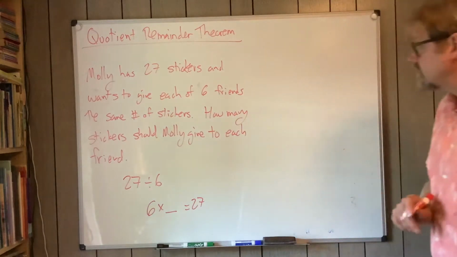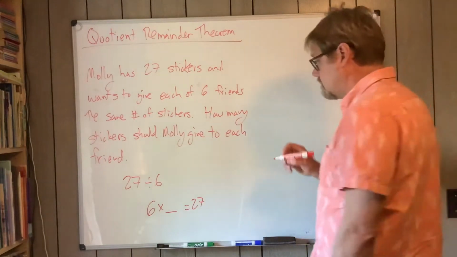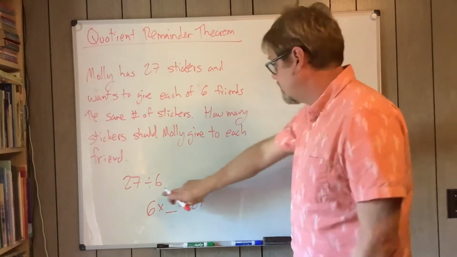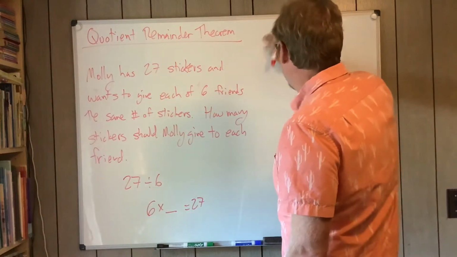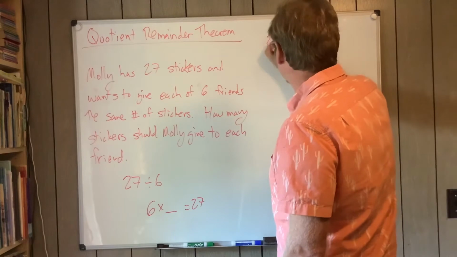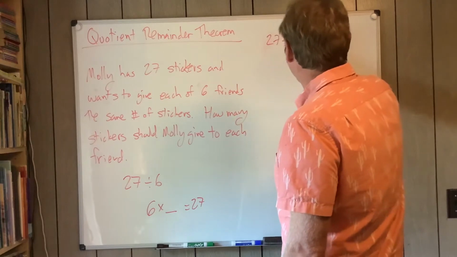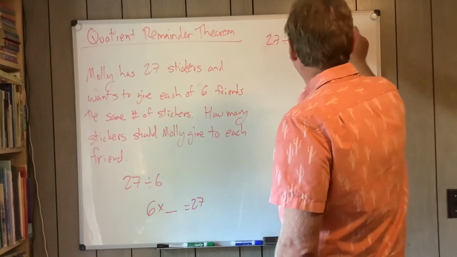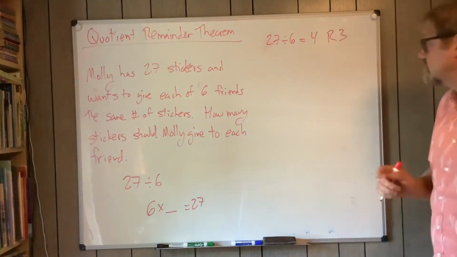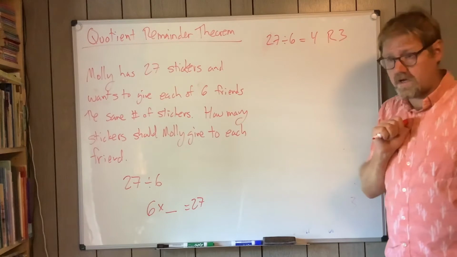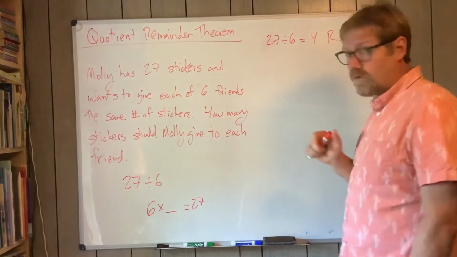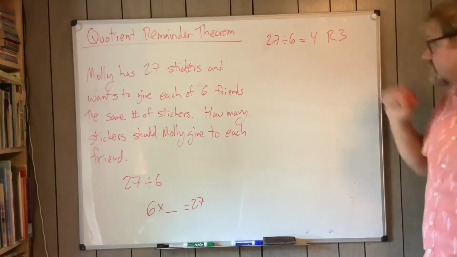Hopefully we've seen this, but I know that 6 goes into 24, so I can write 27 div 6 is 4, and there should be 3 stickers remainder. So she can give 4 stickers to each friend, and she has 3 left over.